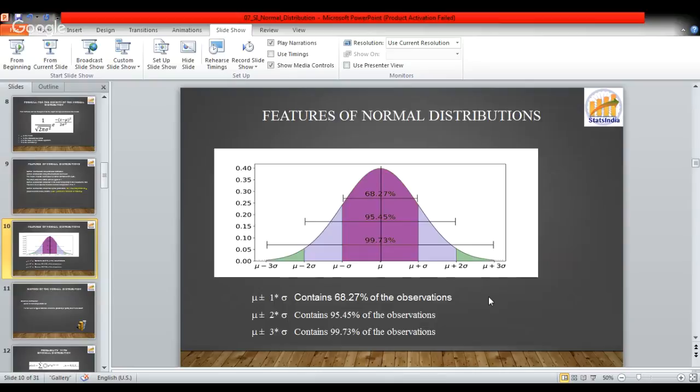That is why the normal distribution is very important, because if we take mu plus or minus 3 sigma, it contains 99.73% of the observations. As you are aware of Six Sigma, they are considering mu plus or minus 6 sigma on both sides.